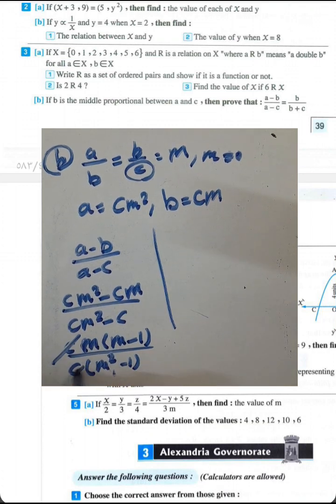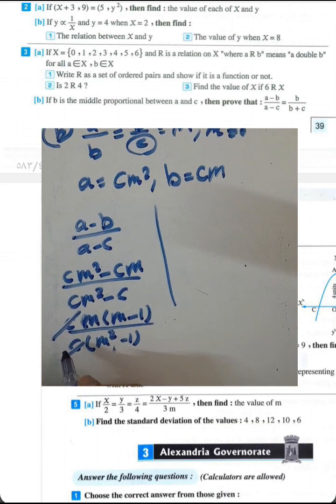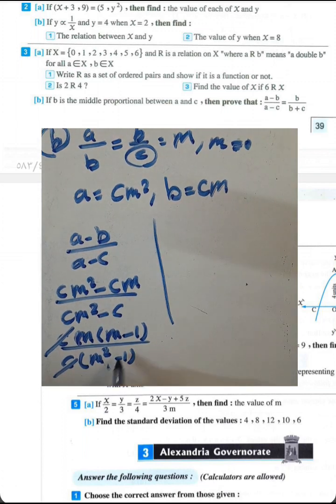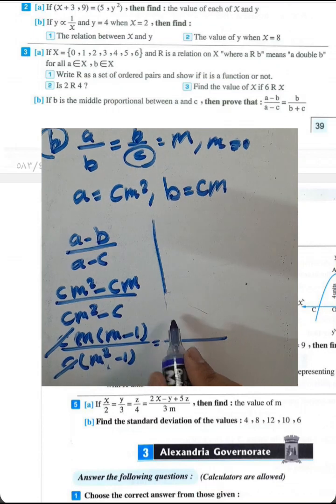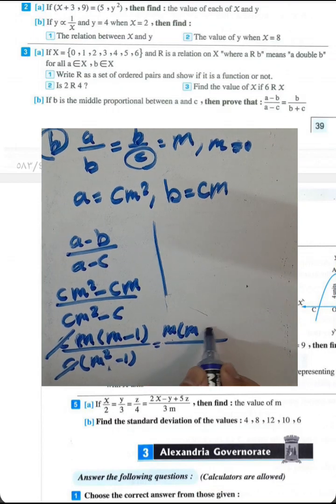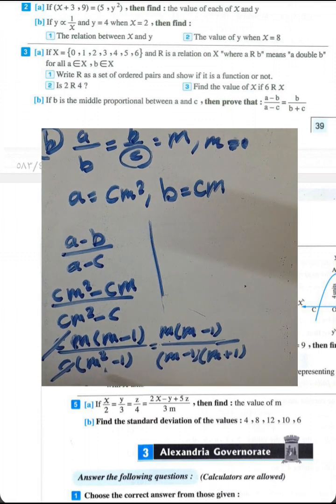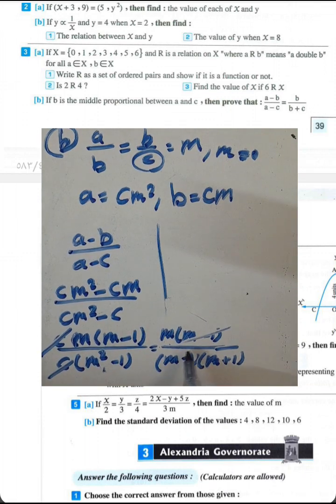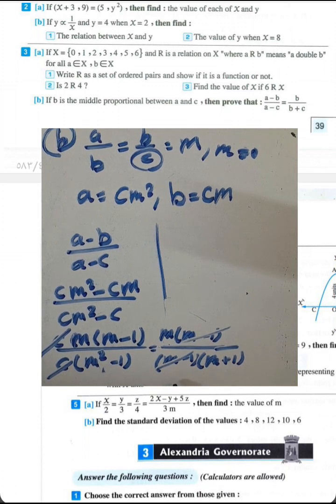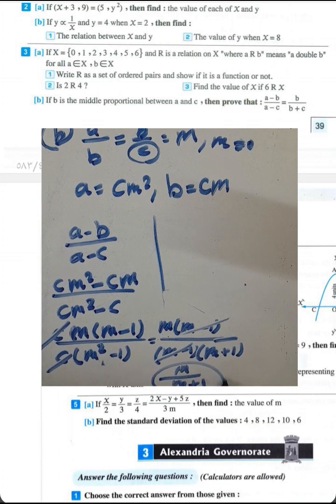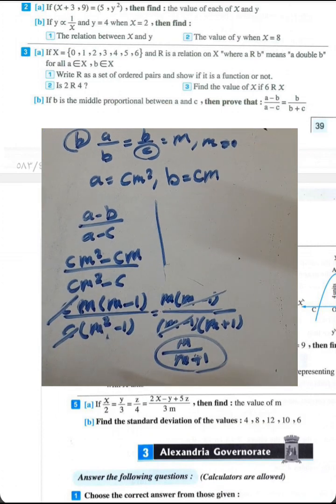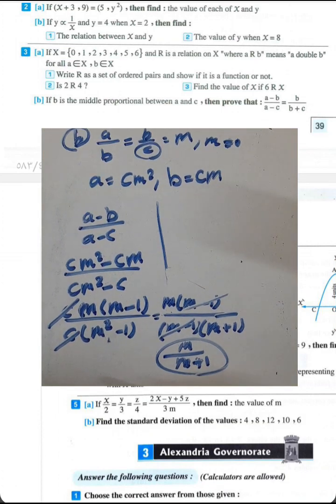Cancel C by C. Factorizing: M times (M minus 1) over (M minus 1) times (M plus 1). Cancel M minus 1 by M minus 1. The result in simplest form is M over M plus 1.